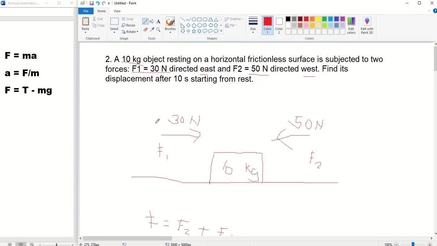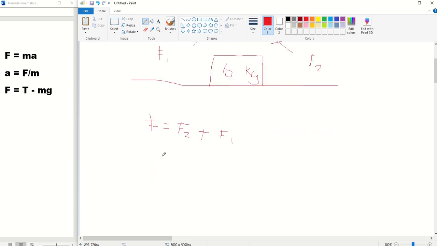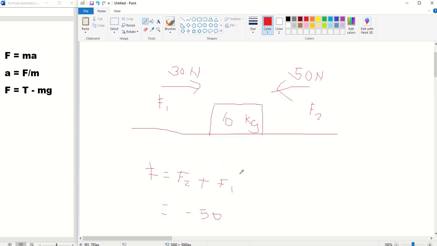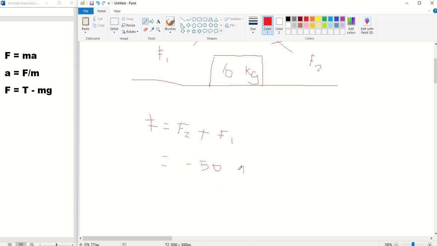And then, itong 30 newtons naman, ito yung magiging positive dahil papunta siya sa right. So, bali, force 2, which is 50 newtons, magiging negative. Negative 50 plus positive 30. Yan. So, bali, ang magiging net force natin dito is negative 20 newtons.